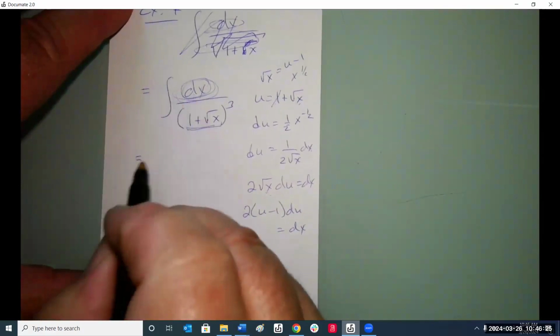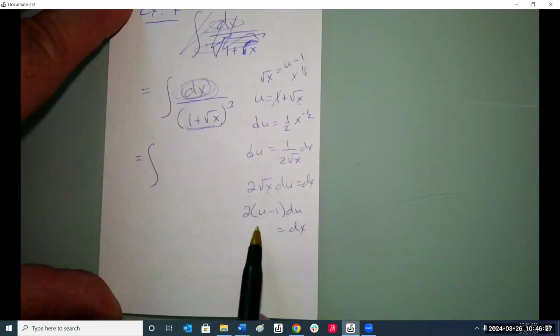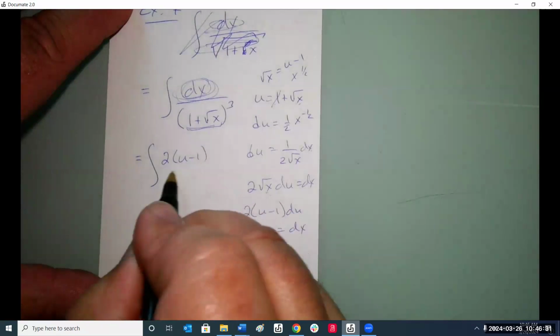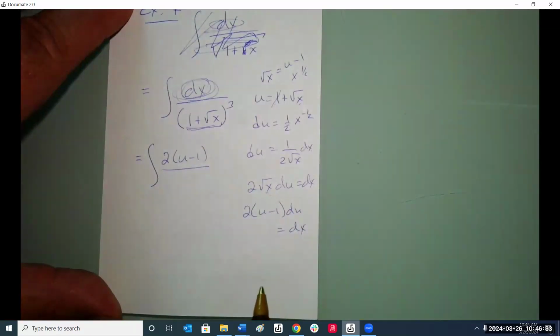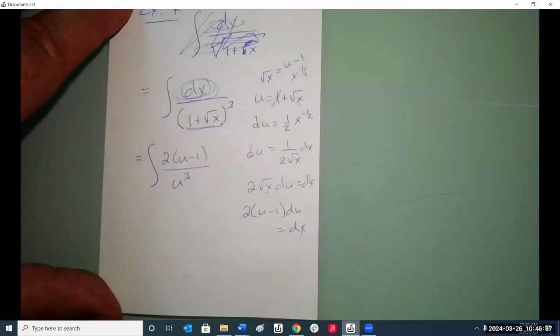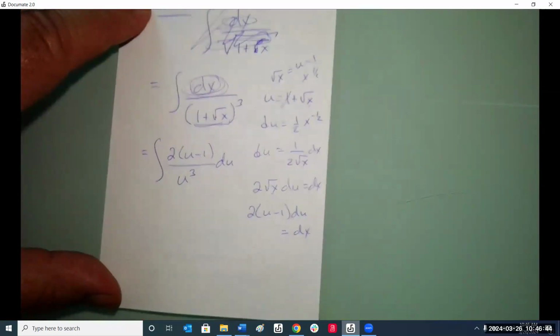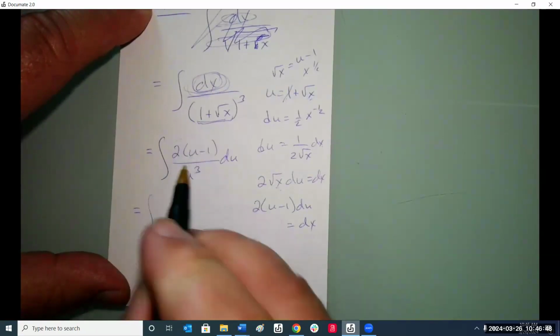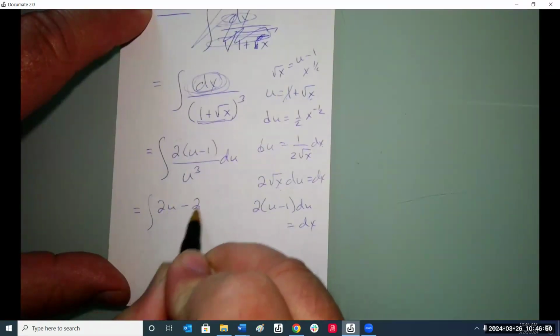So we have the integral of (2u - 1) over u cubed du. On top, we could distribute, and we get 2u minus 2.